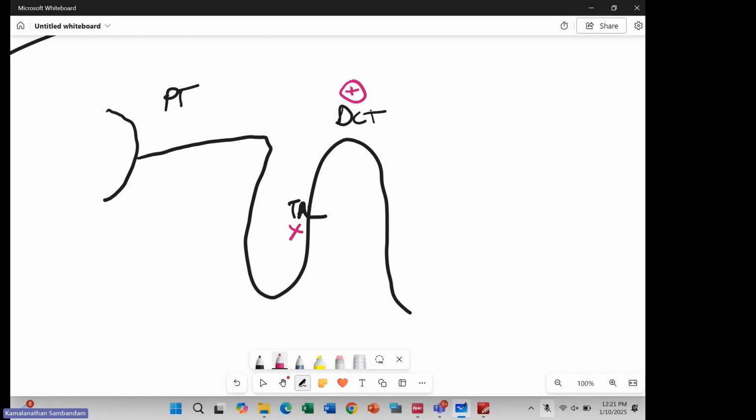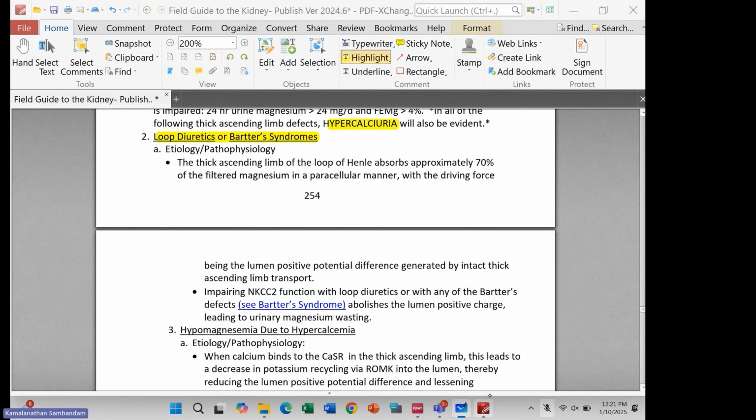Again, there's this opportunity for reclamation of magnesium in the DCT. If, however, I have a deficiency in DCT transport, I don't have a subsequent tubular segment to upregulate magnesium transport and therefore mitigate that wasting of magnesium.